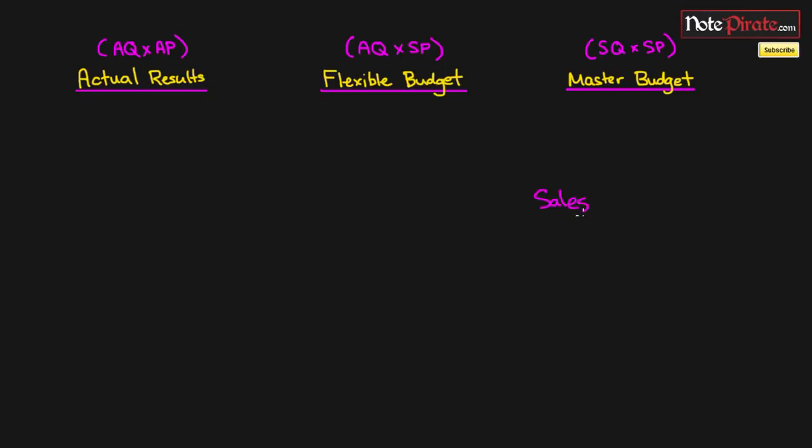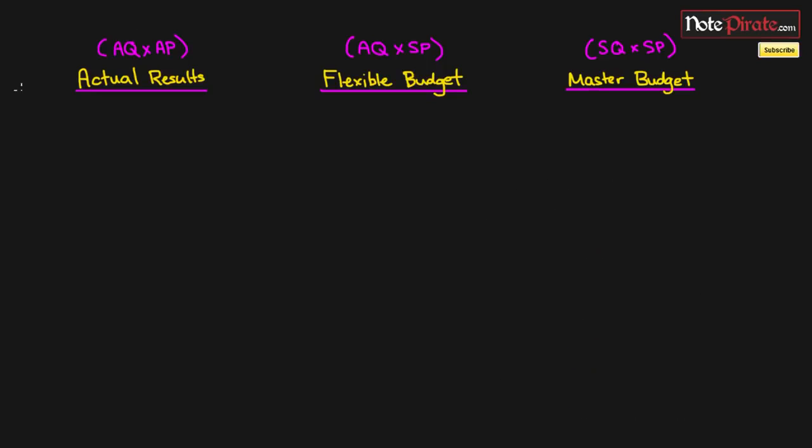We'll see sales being measured, variable costs like direct materials, direct labor, variable overhead, fixed costs, income, and so on, just like a typical budget. And the only difference is that each budget is going to have different numbers, and that's because each of them is different.